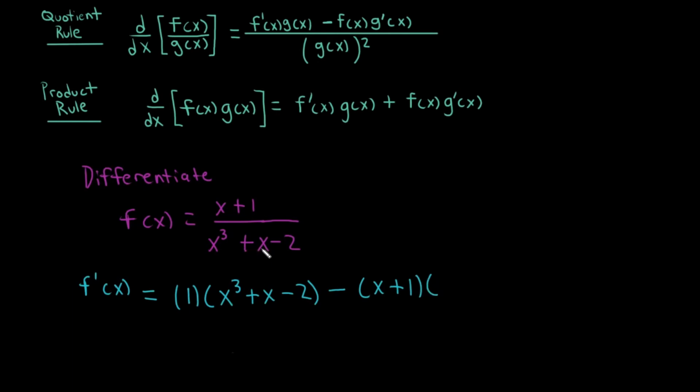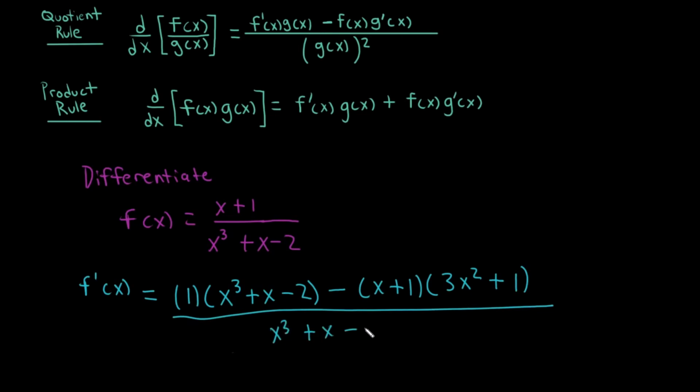The derivative of the second function, x cubed plus x minus 2, is 3x squared plus 1. And that is all divided by x cubed plus x minus 2 squared.